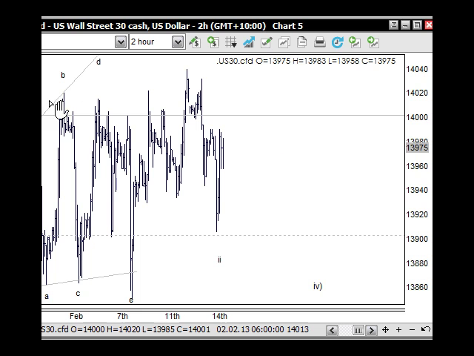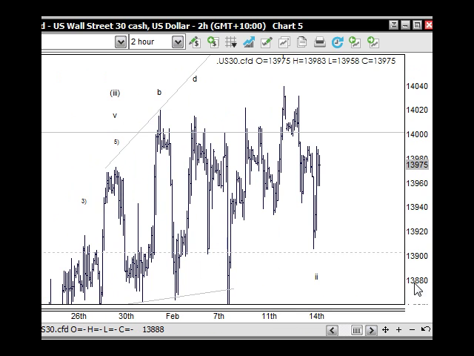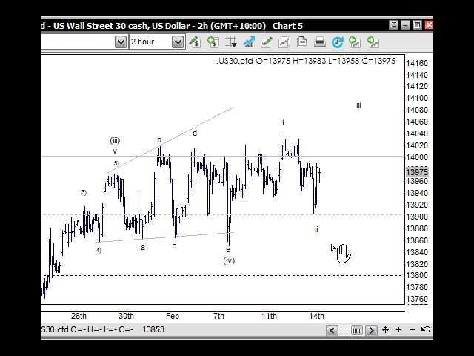Having a closer look at that in here, I know this looks a little bit messy, but on the cash market it's got quite a clear 5-wave structure. This is the cash market, but because in the off hours it works with the futures market, you get that extra time in there.